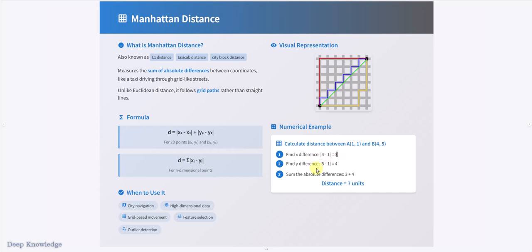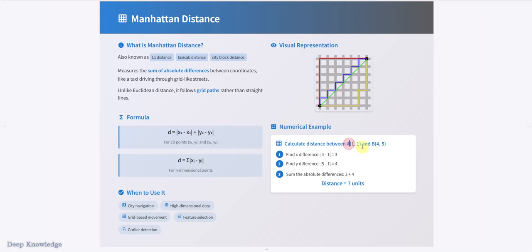Even if the difference is negative, it will be positive. For example, with points A and B, 1 minus 4 is minus 3, and the absolute value is 3. You can also do it the other way, 1 minus 4 or 4 minus 1, because we are already taking the absolute value, this won't make any difference.